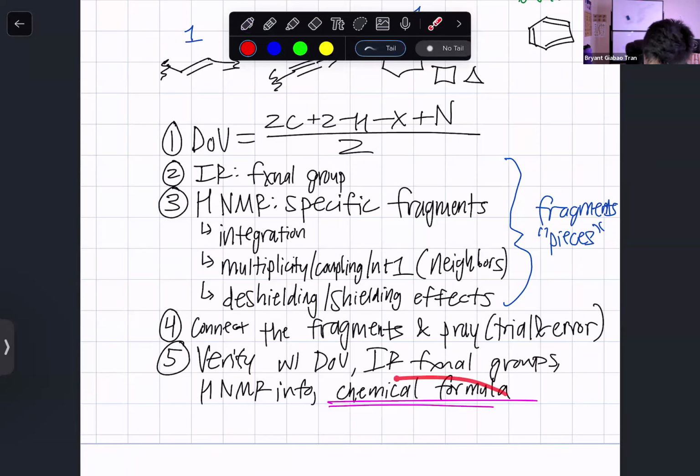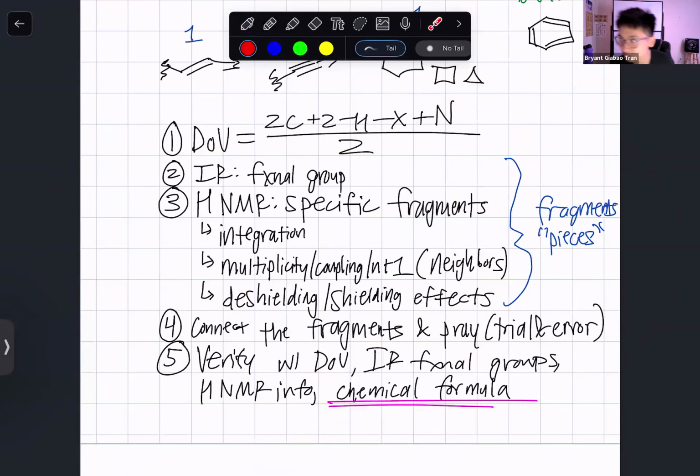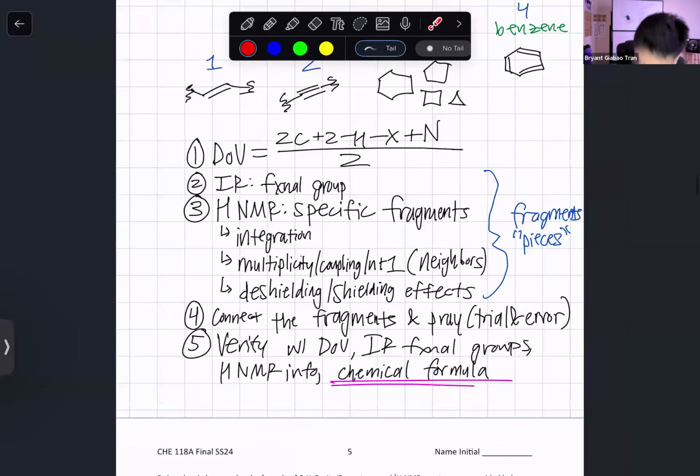That's the first thing I do, and everything else I do afterwards: DOU, IR, functional groups, HNMR information, chemical formula. And yeah, that's it. So these are the 5 steps that I do when I attempt to predict the structure from IR and HNMR.